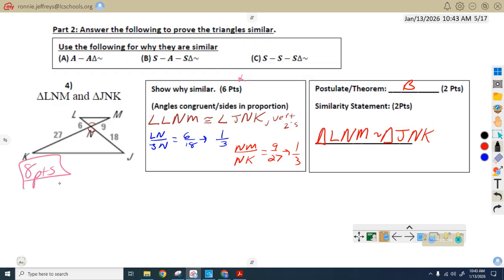So if you have 2 of these, 8 and 8, so, part 2, you're looking at 16 possible points. Okay. That's why I'm doing the possible points in pink. And this also is not where the answers are. Kind of important.